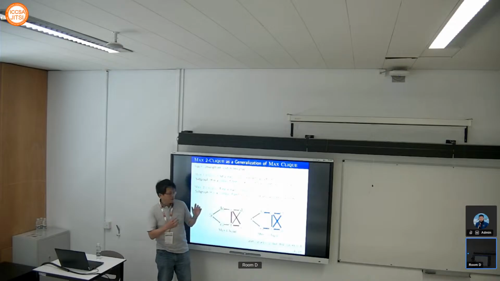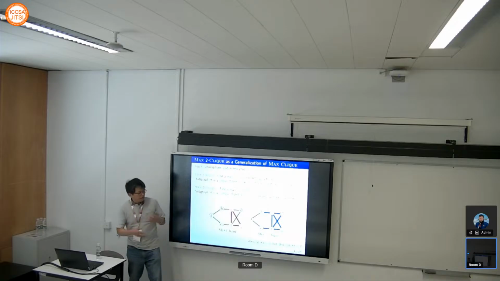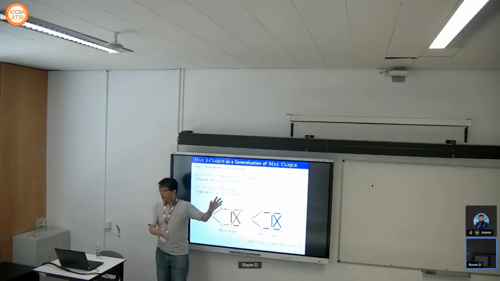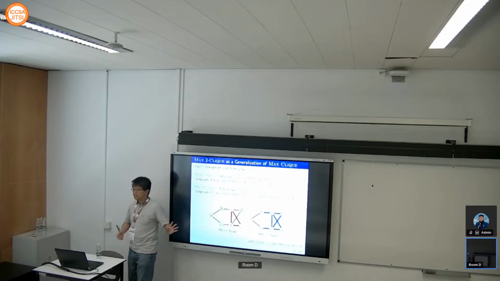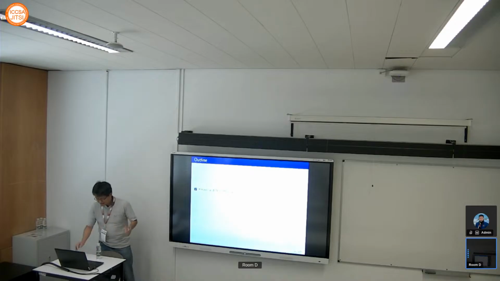But if you look only at the blue part, its distance is 3. So we think of the distance in the entire input graph. So this is the point. Anyway, let me summarize some results.